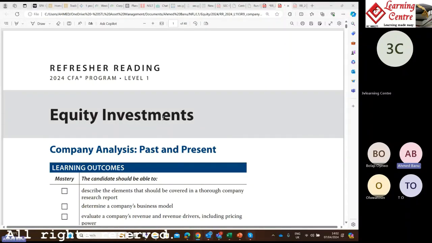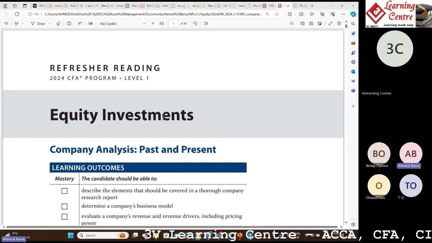So this reading looks at company analysis, and the curriculum is trying to present a flow that I like. The last reading has told you about common shares, the essence of common shares, and the investment characteristics of common shares. It has also told you that there's something called market value and book value.